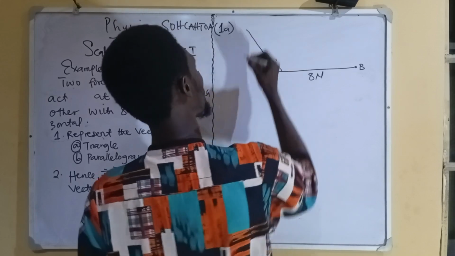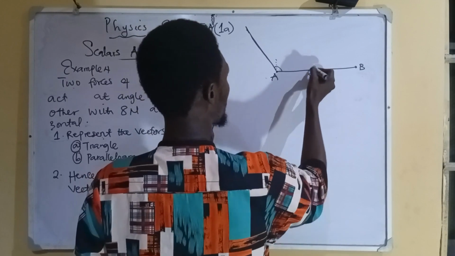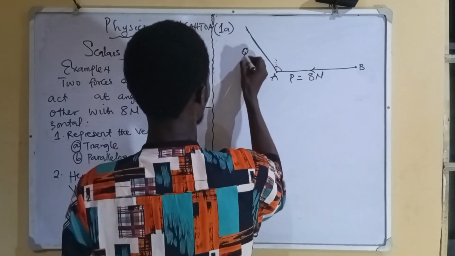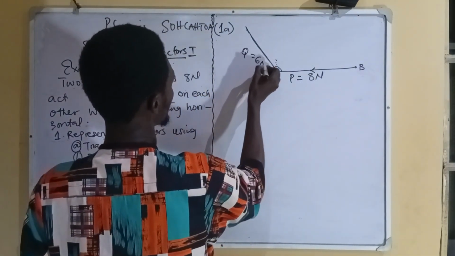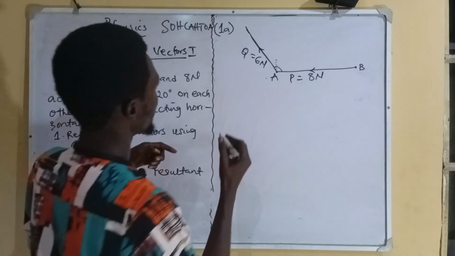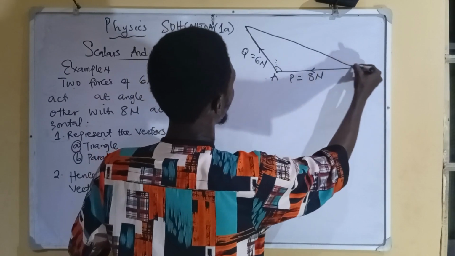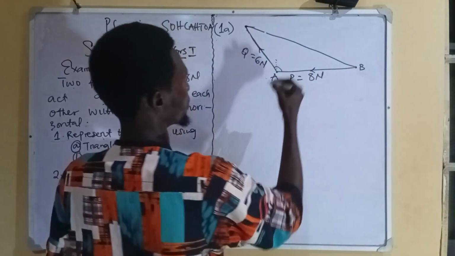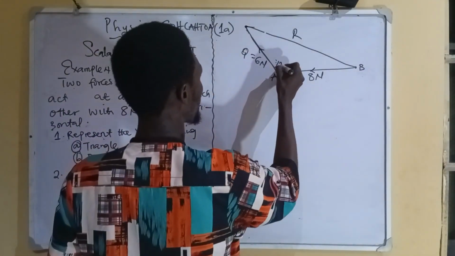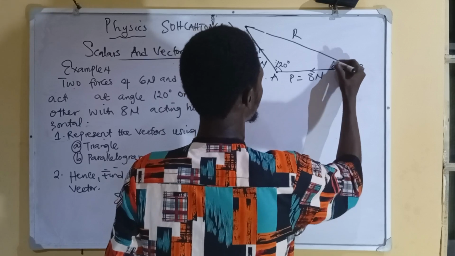So you can draw your diagram like this, and then this may be your P and your Q, which is 6 Newton. The resultant will be this other side. So here you have 120 degrees.